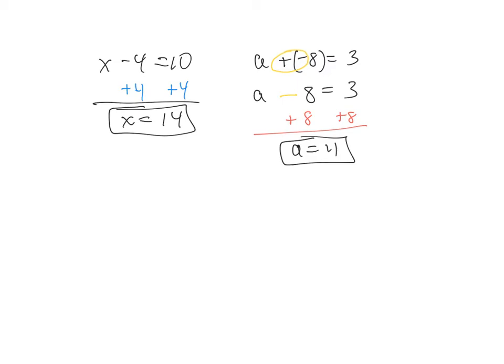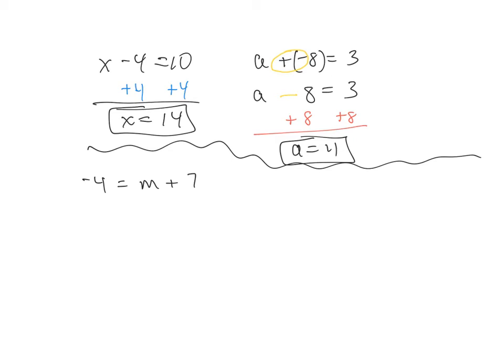Okay. Some of you, and I think it's just a visual thing, get freaked out when the variable's on the right side of the equal sign. It's just a visual, I think, that kind of messes people up.